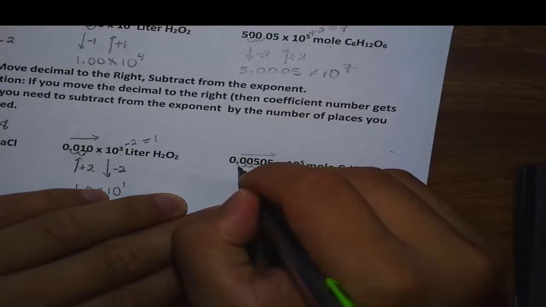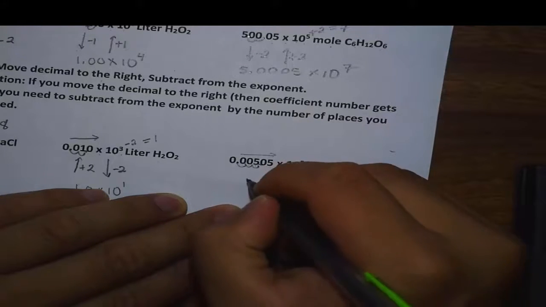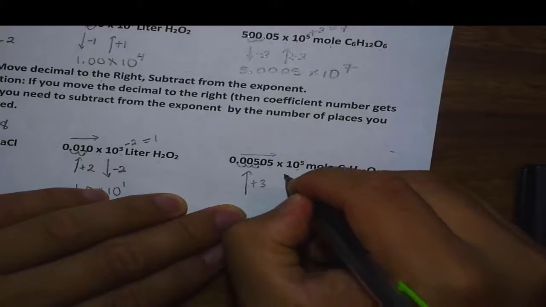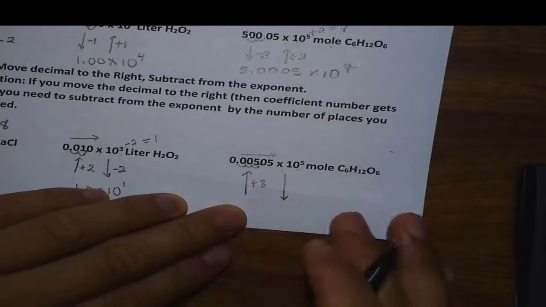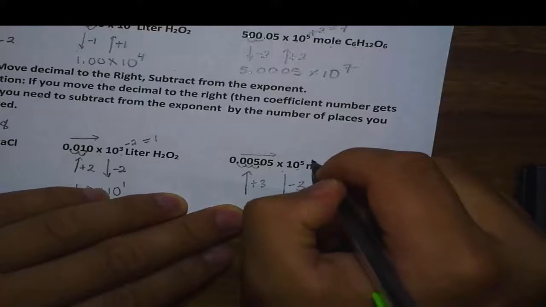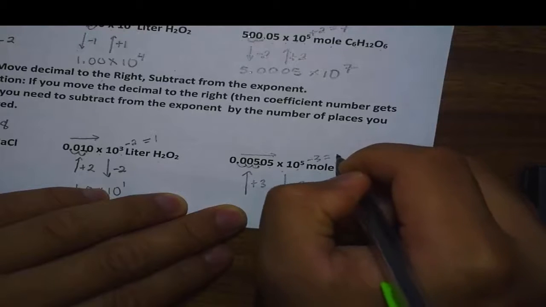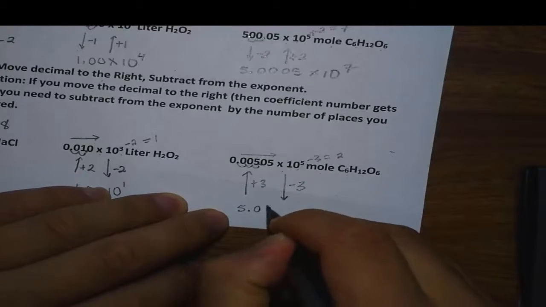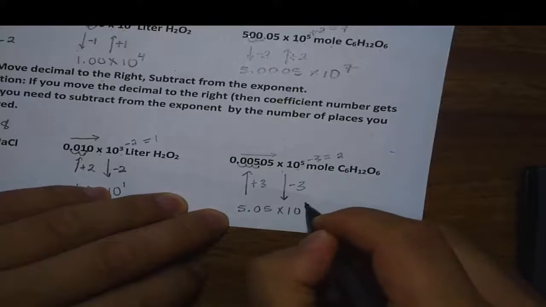So I just increased the value of the coefficient by 3 places. And I would do the opposite to the exponent to keep the value of the entire number the same, which is minus 3. So 5 minus 3 gave us 2. So our answer is 5.05 times 10 to the 2.